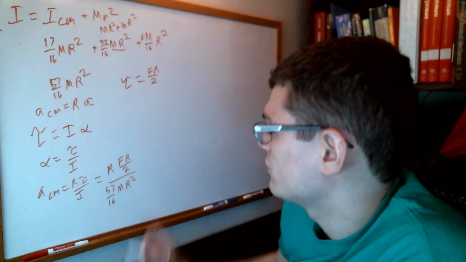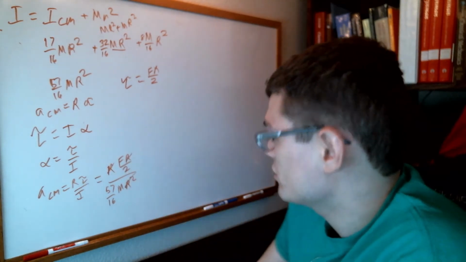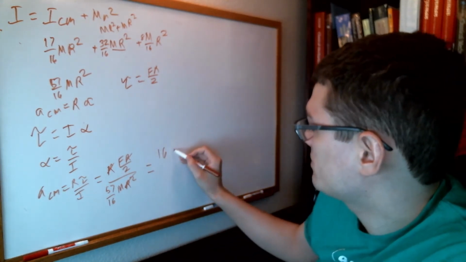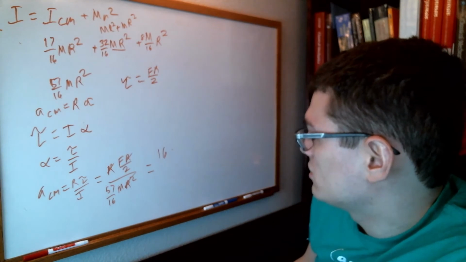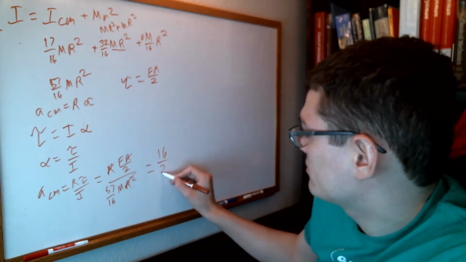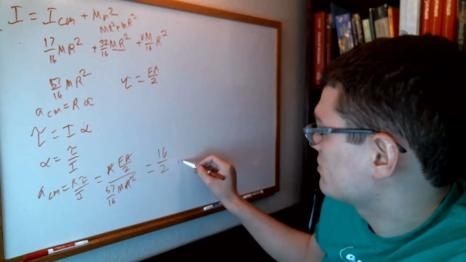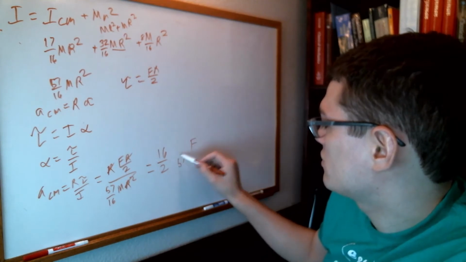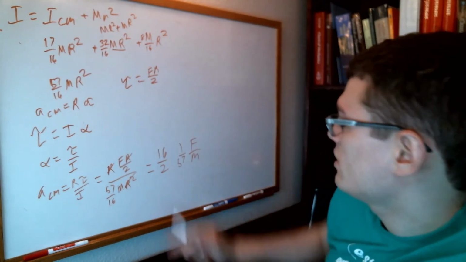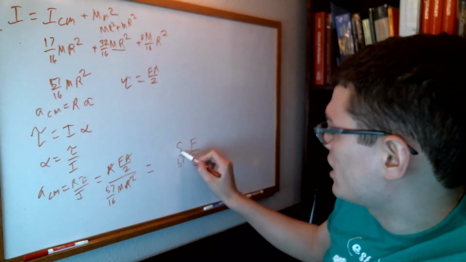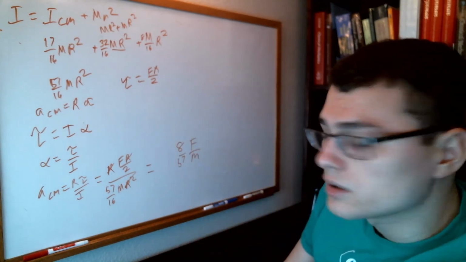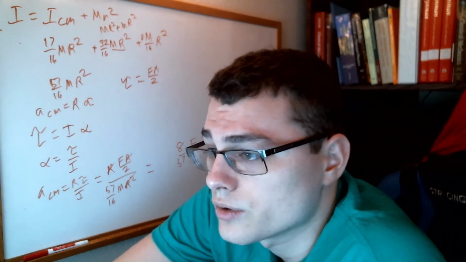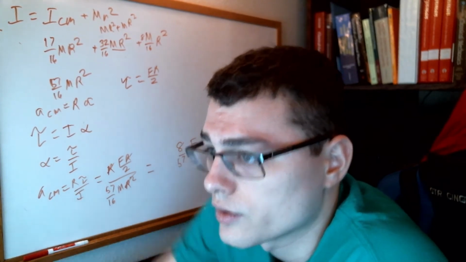Now this is no longer a function of r, because we have r and r squared, so those cancel out. Then we flip the 16 up to the top and multiply it, the 2 comes down to the bottom, and the 57 stays on the bottom. And then we have F over M, this is 8, so we'll put the 8 there. And there you go. The next couple are conceptual questions, and I'll let you solve those.